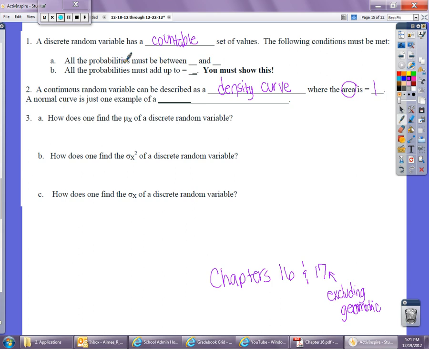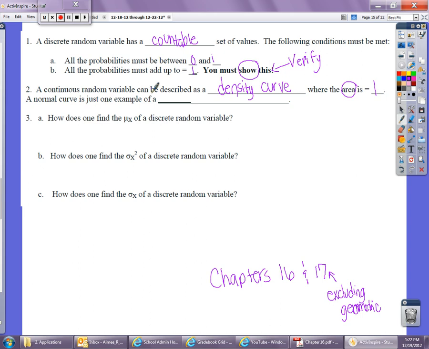Okay? So the probabilities themselves should be between 0 and 1, and then all the probabilities have to add up to 1. If you are asked to verify that it is a discrete random variable, you must show that all of those probabilities in the table add up to 1. Okay?